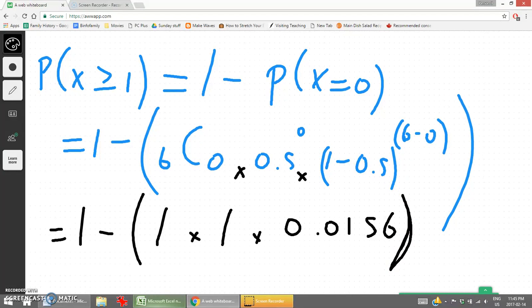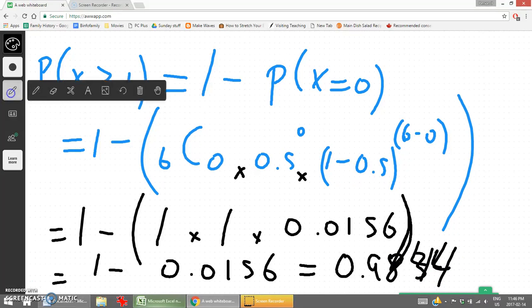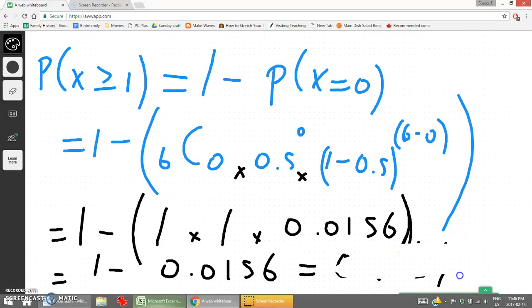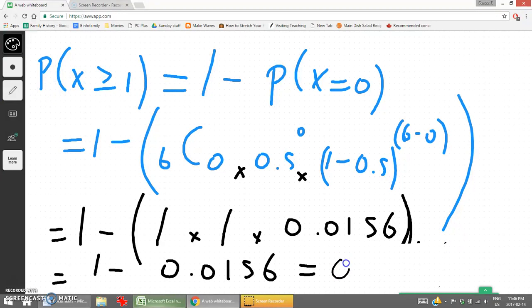So it's 1 minus everything in brackets, so it's going to be 1 minus 0.0156, which would equal 0.9844. Let's just make that a little neater. Can't be showing a messy video. 0.9844.